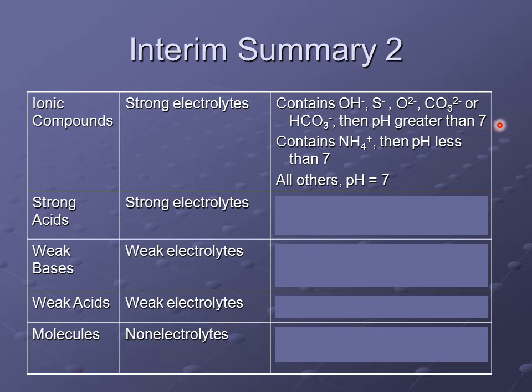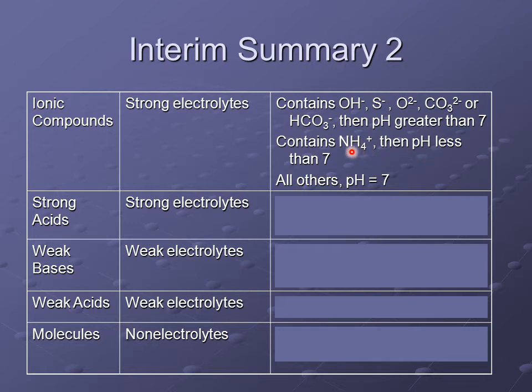The specific anions that cause basic solutes are hydroxide, sulfide, oxide, carbonate, and bicarbonate. All 5 of these ions create solutions which are basic, solutions which have a pH greater than 7.